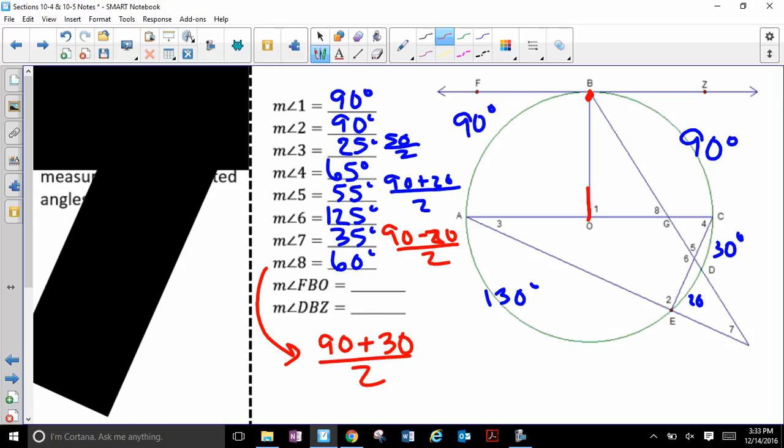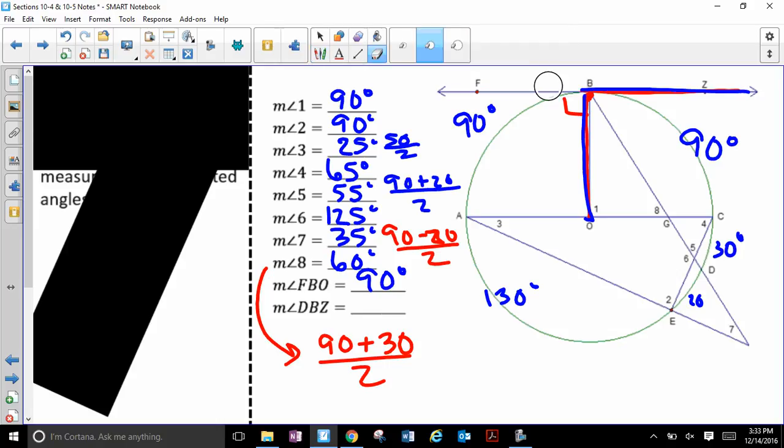When you have the radius drawn to the point of tangency, it always makes a right angle. So that was one of our theorems we did on the first day of notes. So then that means that the measure of angle FBO has to be 90 degrees. So that was the radius tangent theorem, that if you have the radius drawn to that point of tangency, it always makes a right angle.